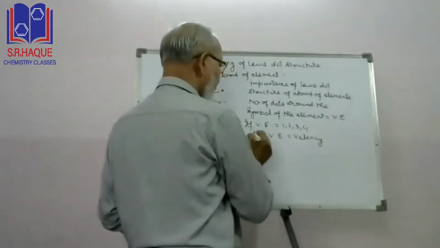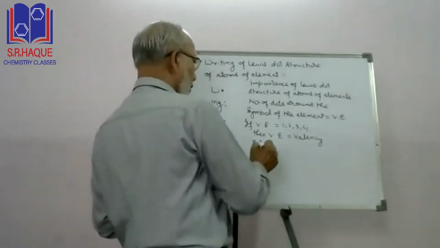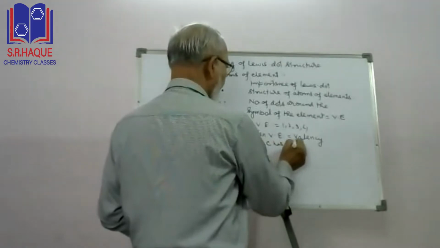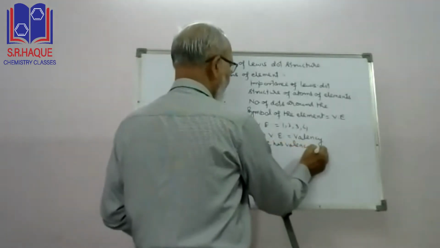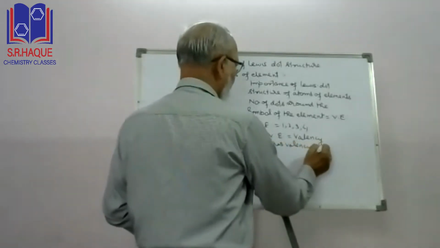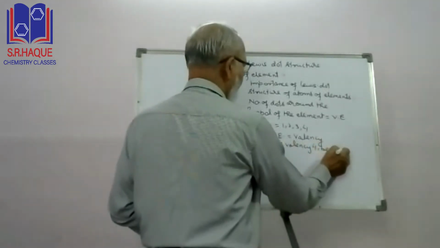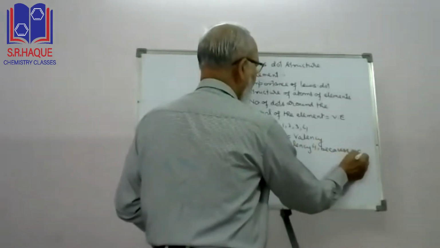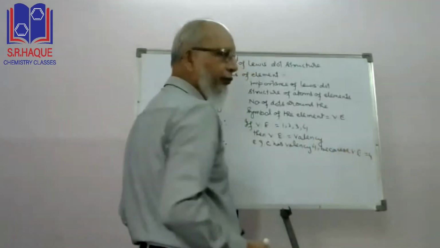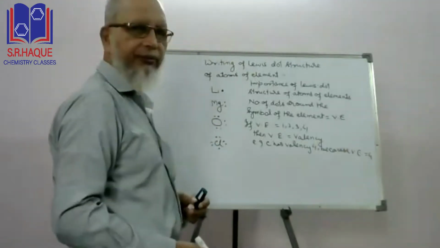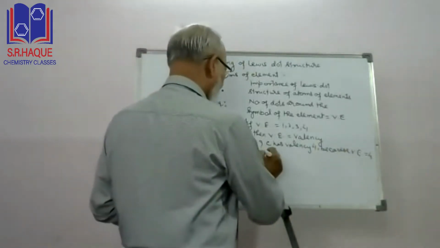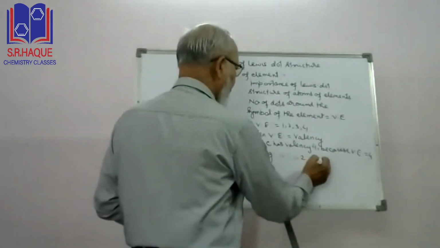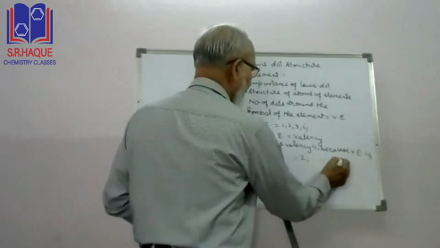For example, carbon has valency 4, because valence electrons are equal to 4. Likewise, magnesium has valency 2, because valence electrons are equal to 2.